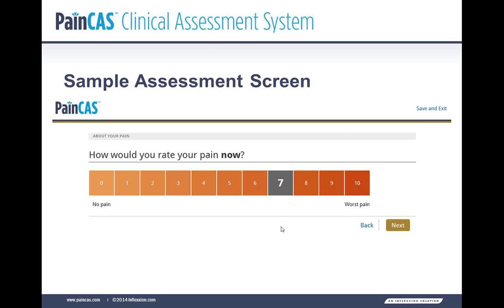We tried to make it very easy for patients to use this program. If they're using a tablet, such as an iPad, or a computer, they can just move their arrow over their pain rating, click it, and go on to the next screen.